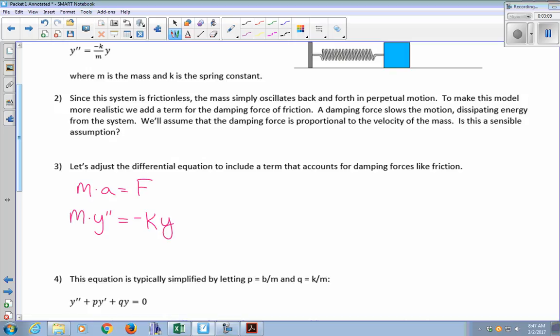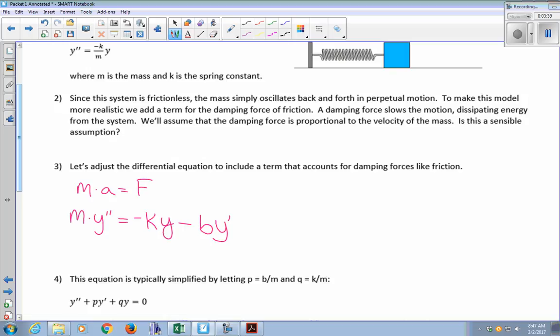So the faster that mass is moving, the more friction is generated, so the larger the damping force. Moving slowly, friction has less of an effect. So on my force term here, I'm going to subtract, because damping is going to dissipate energy from the system. So I'm going to subtract something proportional to the velocity. And instead of writing v, I'm going to write y prime, because the derivative of position is velocity.